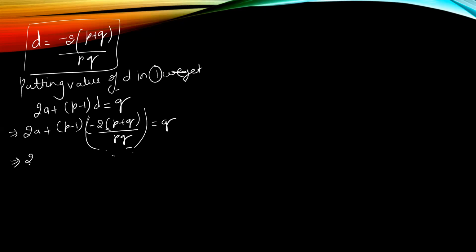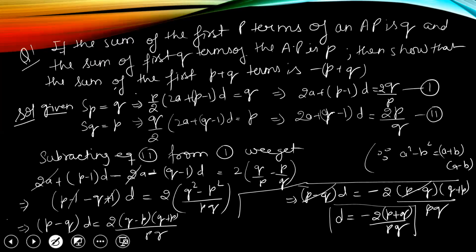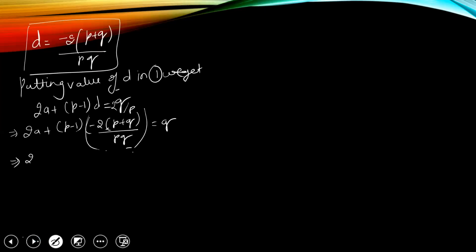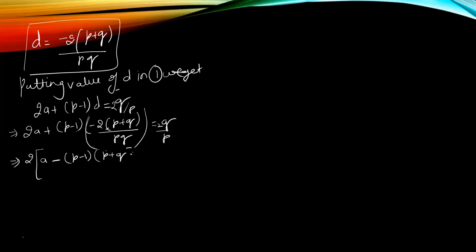Further, this is 2q by p. Let me revise. Let me see from the last page. Yes, 2q by p. Yes, right? So this is 2q by p. Taking 2 common from the left side, we'll get a minus p minus 1 p plus q over pq, which is equal to 2 times q by p.